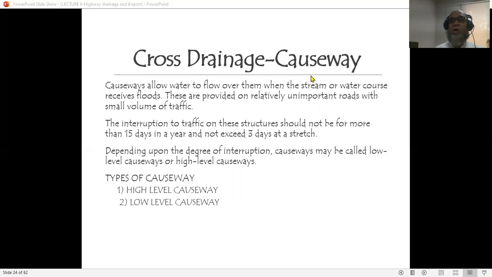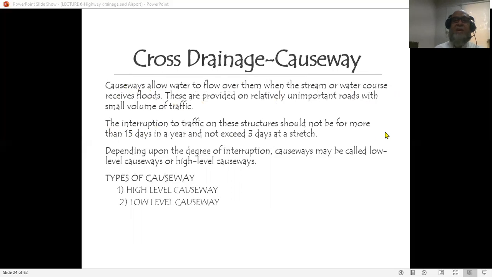These causeways should not be provided for very highly important structures. It is only for small roads, small rural roads in village areas. So as I said, causeways allow water to flow over them when the stream goes into floods. These are provided on relatively unimportant roads with small volume of traffic.